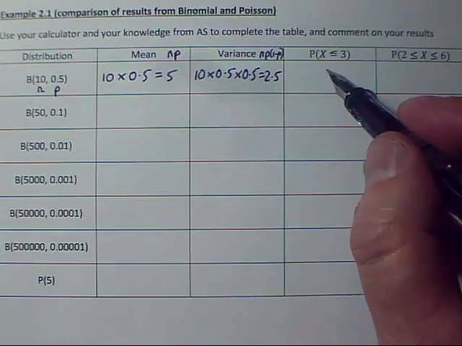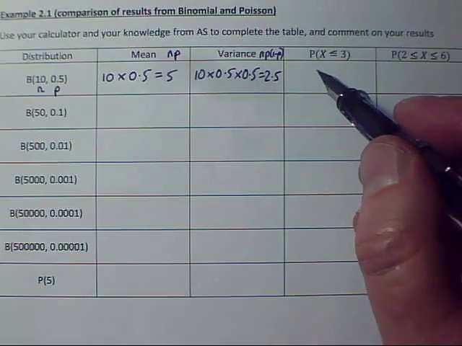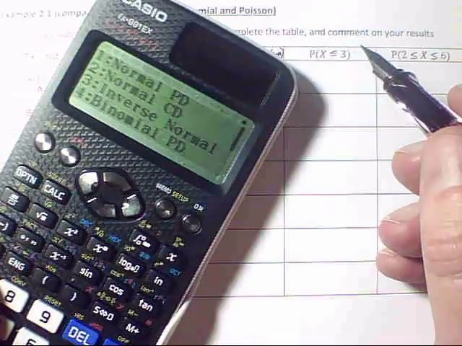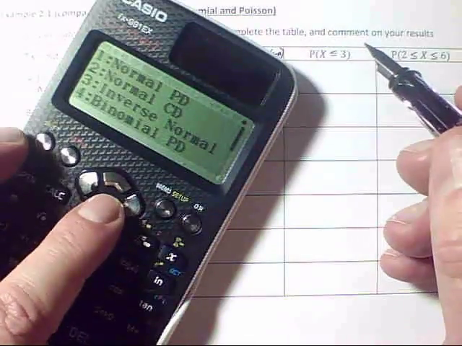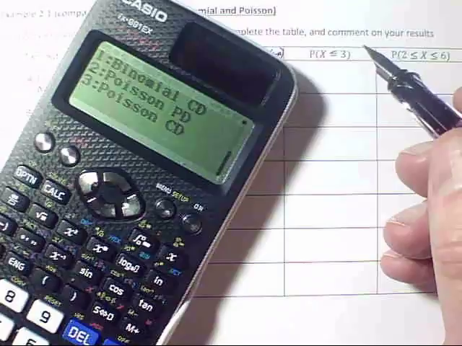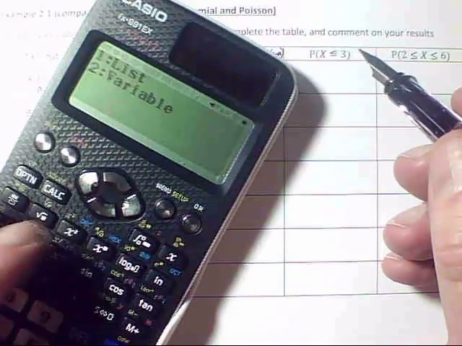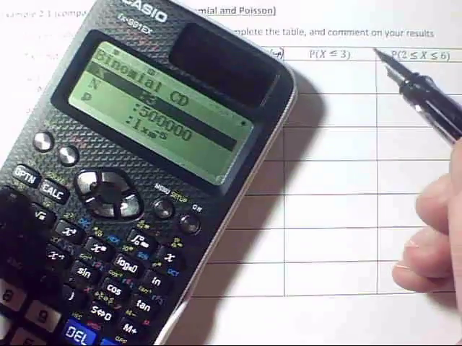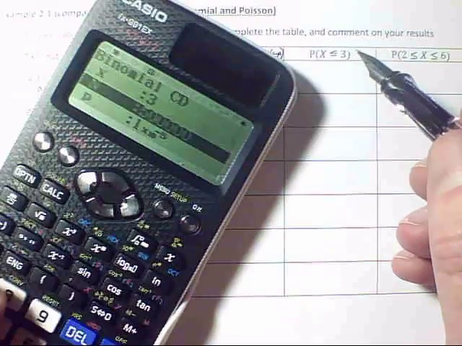To get the probability of x being less than or equal to 3, I need on my calculator to go into binomial CD. So we never use binomial PD, binomial CD. I want x to be less than or equal to 3, so that's all right.